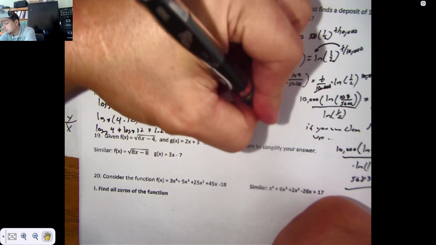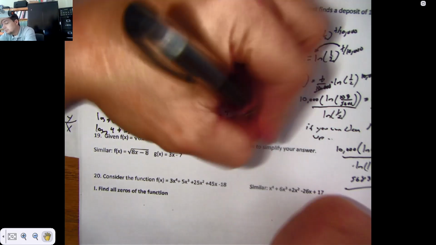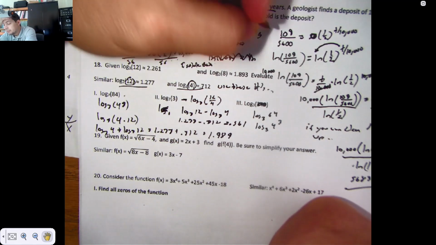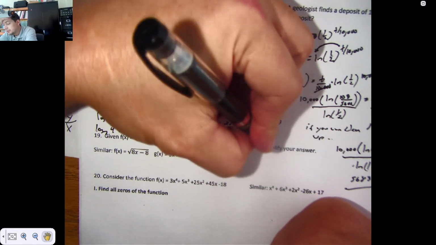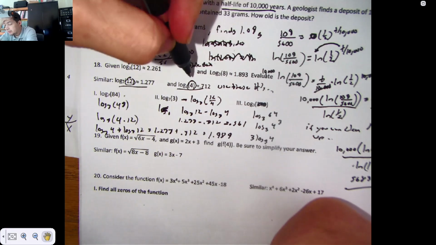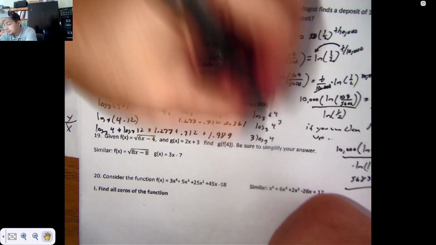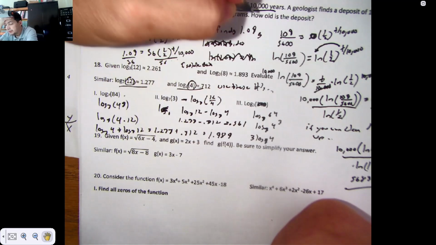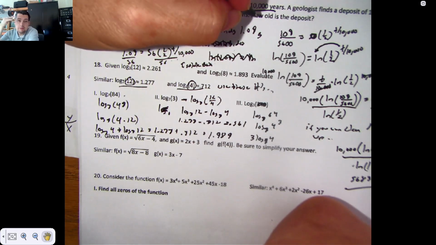We'll just do 64. Now that is log base 3 of 4 cubed, which is 3 log base 3 of 4. Oh, sorry. I need a 7, don't I? My numbers are base 7. 3 log base 7 of 4, which is 3 times 0.712.